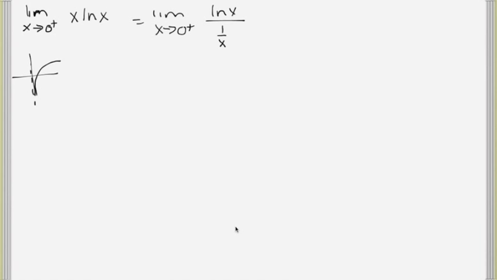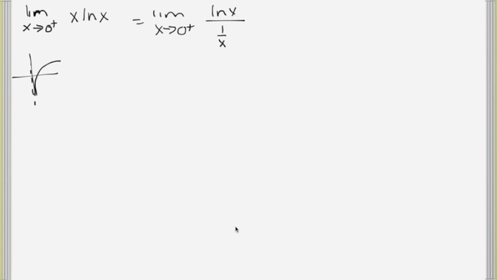Usually we do this the other way and try to clean up something that looks like that and get it back to what the original problem looks like. But in this case, to turn it into a fraction, we're going to mess it up. Because now it's a fraction, and now we can do L'Hopital's rule. Because if I plug in 0 on the top, the ln of 0 is an infinity, and 1 divided by 0 is an infinity, so we have infinity over infinity.